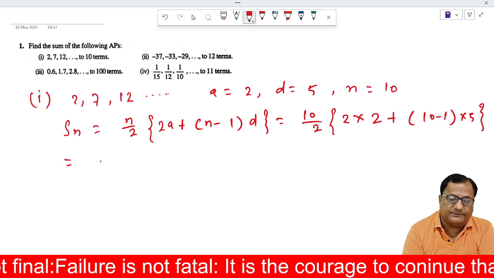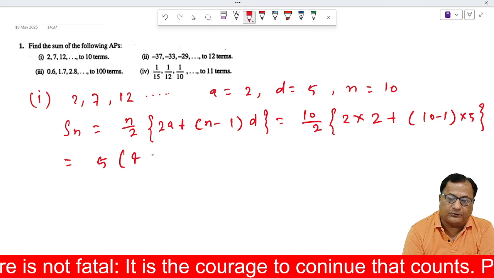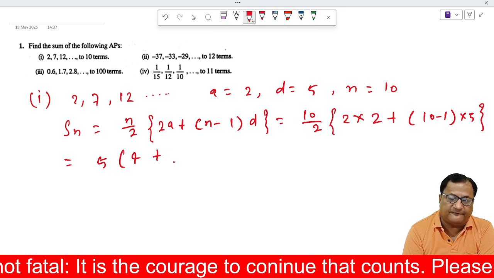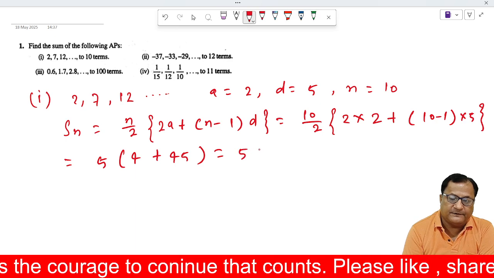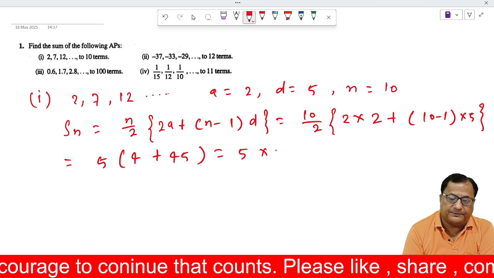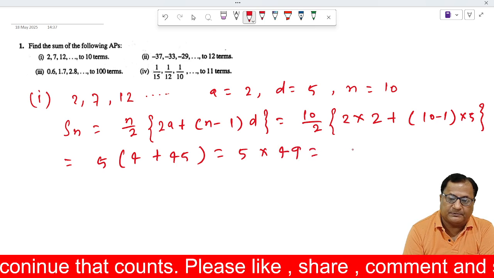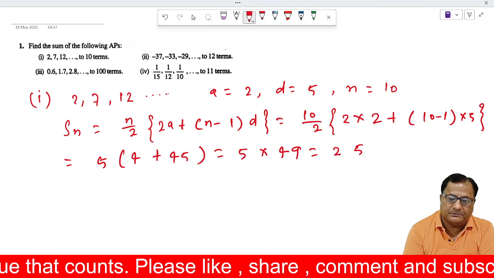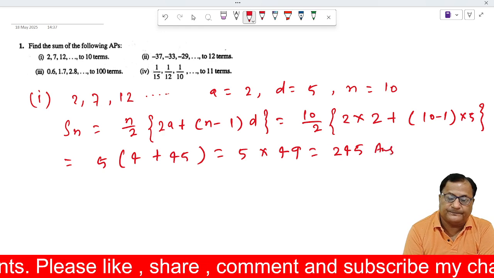So this will be 5, this will be 4 plus 45, which is 49, times 5, equals 245. This is the answer.